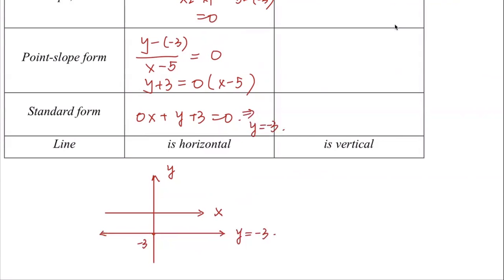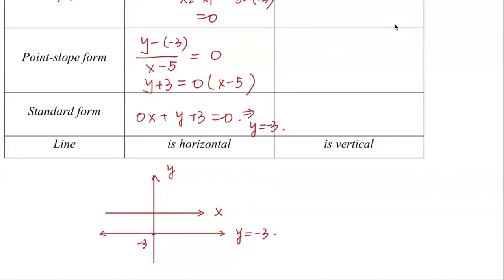Okay, so this is the geometric presentation of a horizontal straight line, right? When we say y is equal to minus 3, that means all the points have the same y coordinate, which is minus 3, but all the points have different x coordinates.